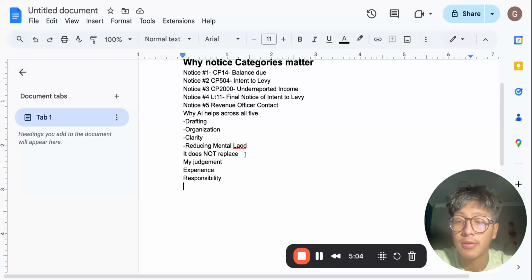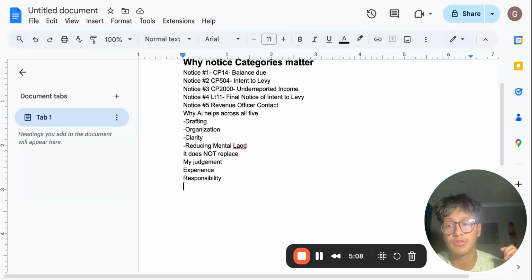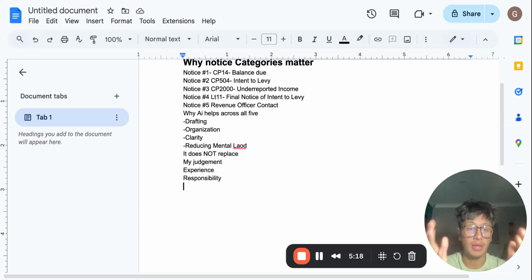Notice number 5 is going to be the revenue officer contact. This isn't just a notice. This is a relationship. How you communicate to the IRS matters. And what better tool to use than a language model, ChatGPT? So I use AI to draft professional, neutral communication.